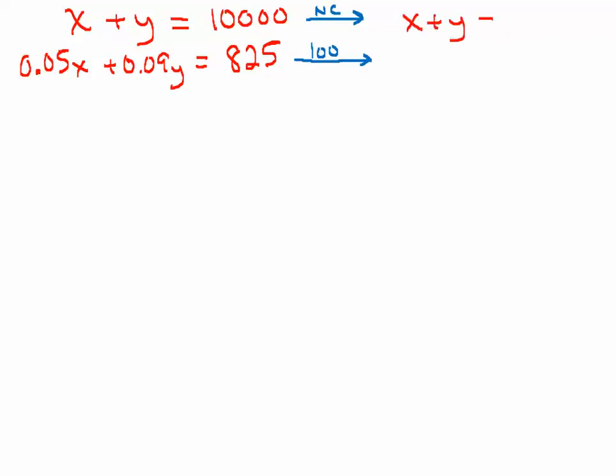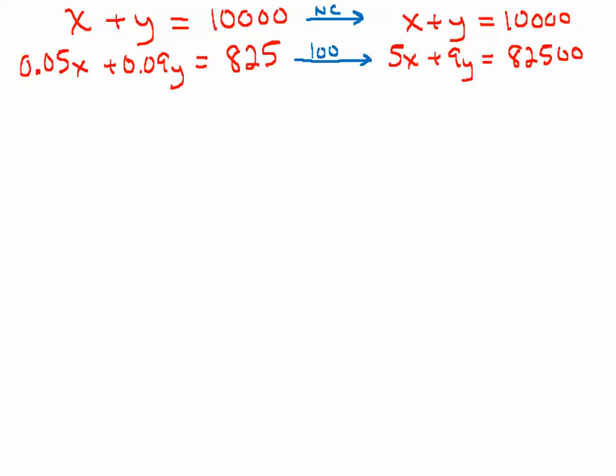So x plus y equals 10,000 on top. That's cool enough. On the bottom, now I got myself a 5x, 9y, is that right? And I got an 825 with 2 extra zeros now added to it. Okay, got rid of my decimals, or technically got rid of fractions, because decimals and fractions are sort of the same.